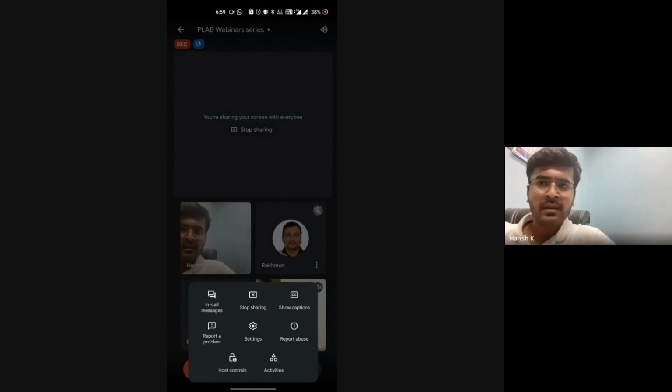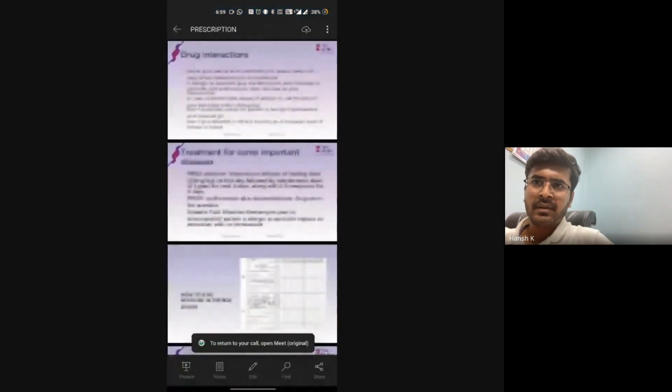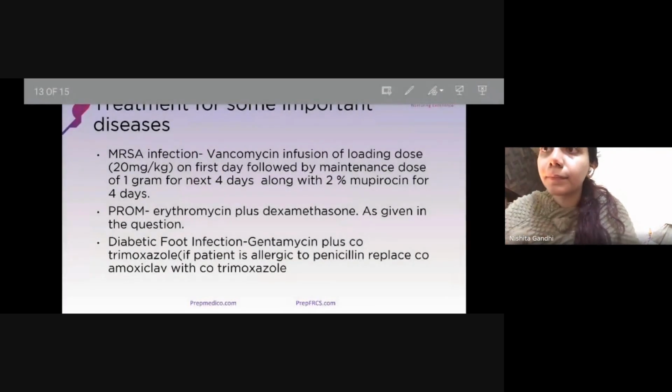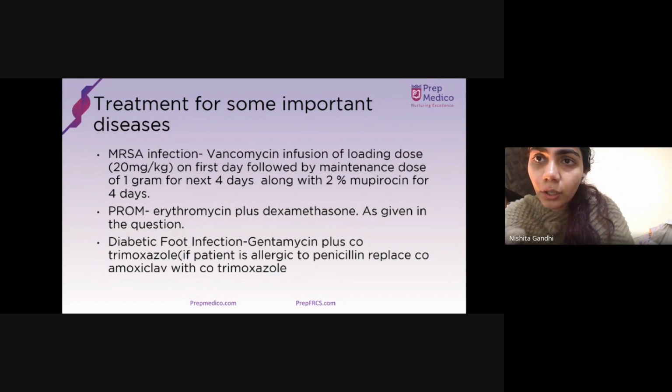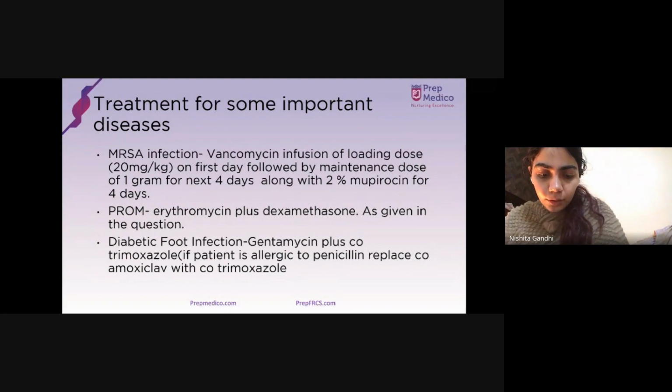We can see the screen. I think we are on the 13th slide. If you have the slides, just go with the 13th slide. Okay. There's some issue going on with my laptop. You only share.